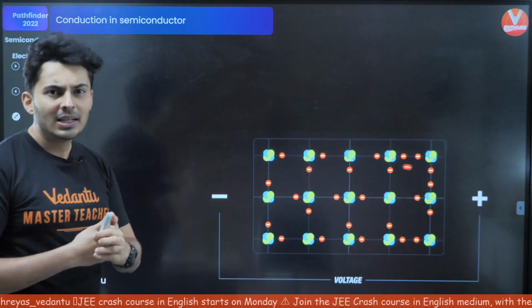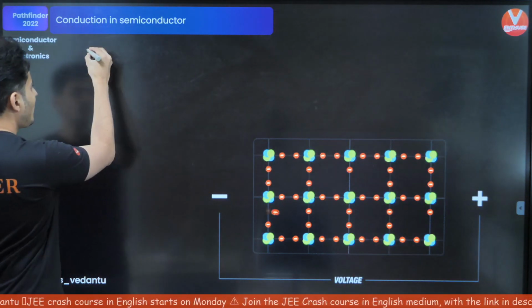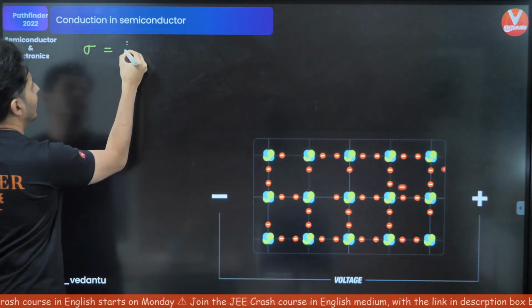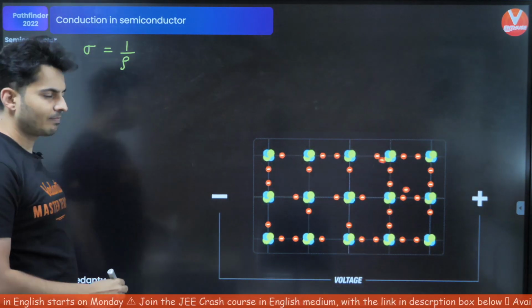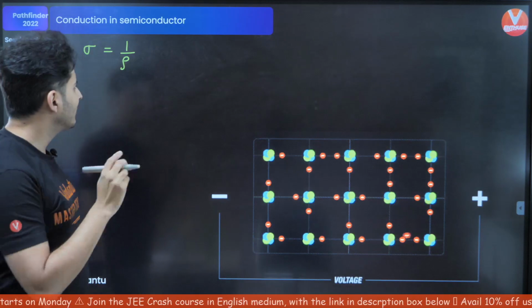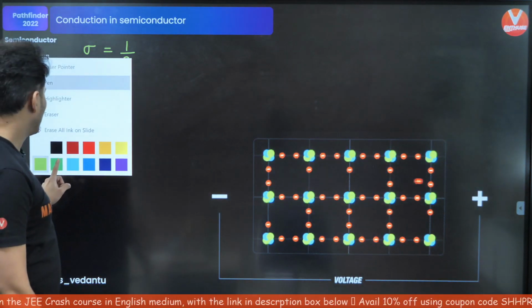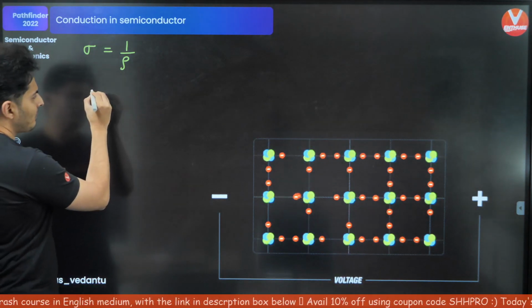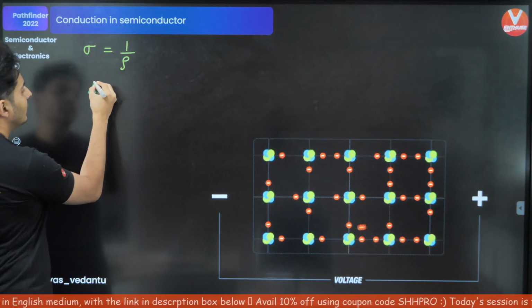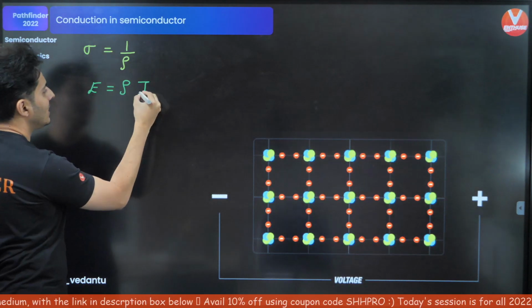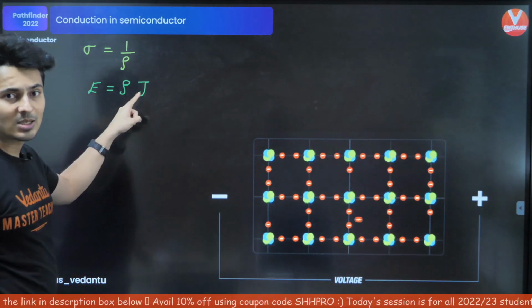Now, how do I do that? Let's go by the basic formula. Conductivity is 1 by resistivity. Fair enough? How is resistivity related to anything else? We all know that E is equal to rho J. Everybody might have seen this formula.